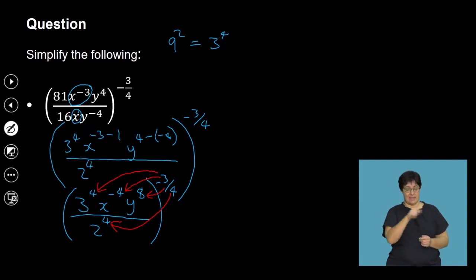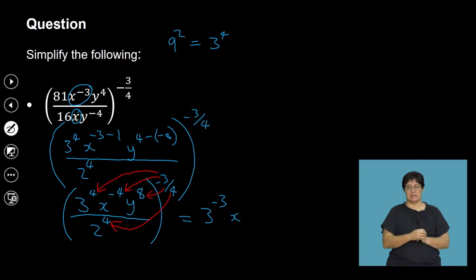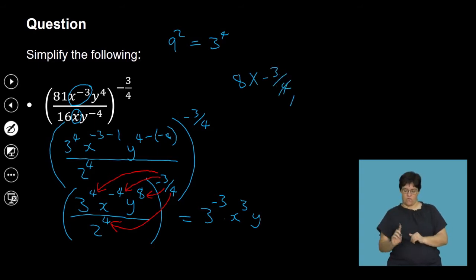So it will therefore become, which will then be the final answer, 3 to the exponent of negative 3, because 4 multiplied by negative 3 over 4 is just negative 3, multiplied by x to the exponent of positive 3, multiplied by y to the exponent of, this will be 8 times negative 3 over 4, so that's once, that's twice, which will give me negative 6.